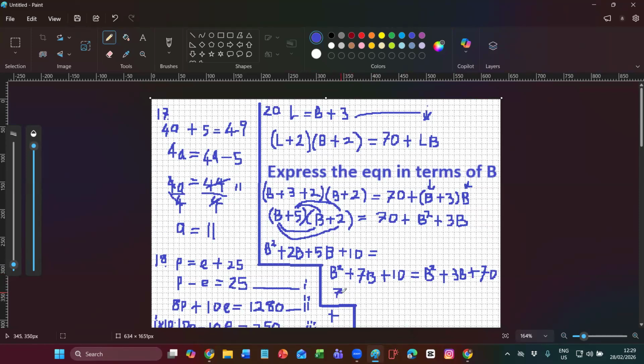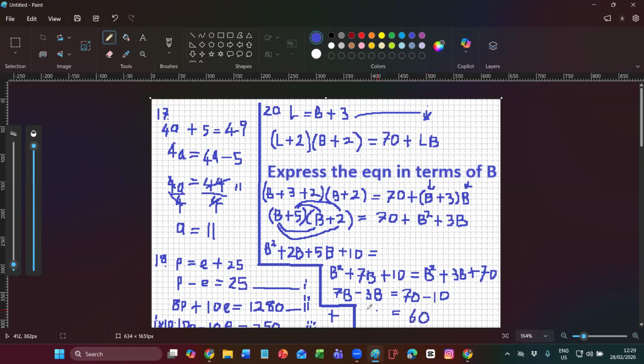So I'll just have 7b minus 3b. 7b minus 3b equals what? The 10 will now go and meet 70, right? Yes, sir. So 70 minus 10. 70 minus 10 is 60, right? Yes, sir.